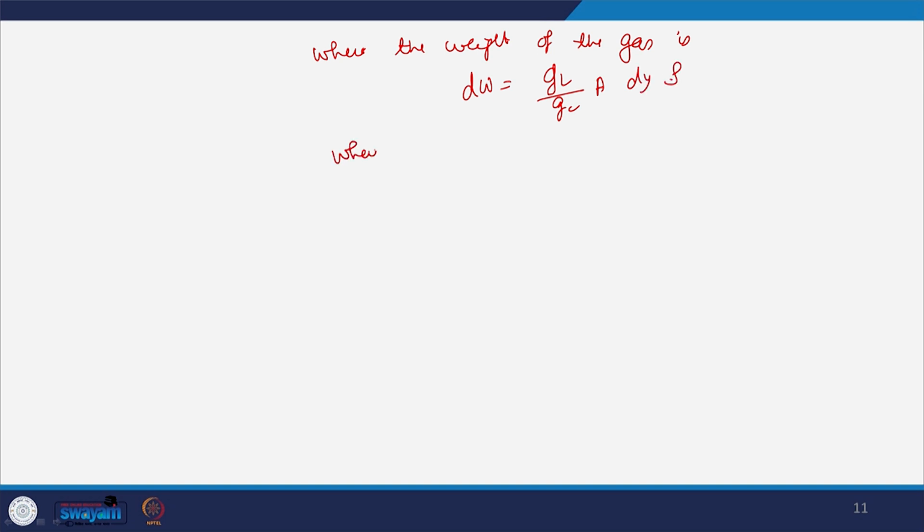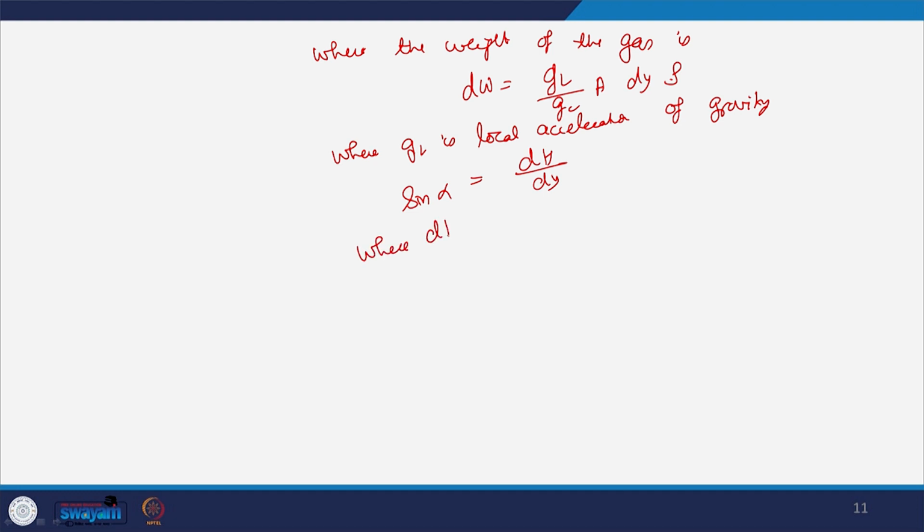Now, where GL is the local acceleration of gravity. Now, sine alpha is equal to dH upon dy, where dH is the change in elevation.